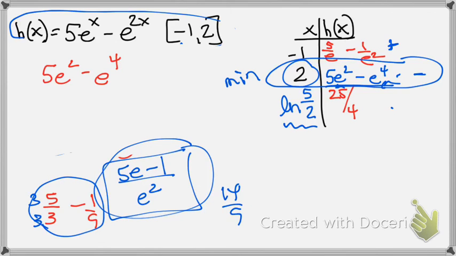Now, which one's bigger out of these two? I can't, I'm not 100% certain. This one's approximately 14/9. This one's approximately 25/4. This one is bigger, but usually on the AP exam, they'll give you one that you can actually tell a little bit better which one's bigger. So this is my max.